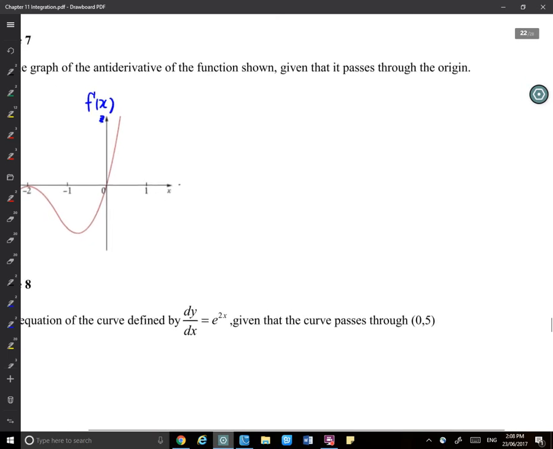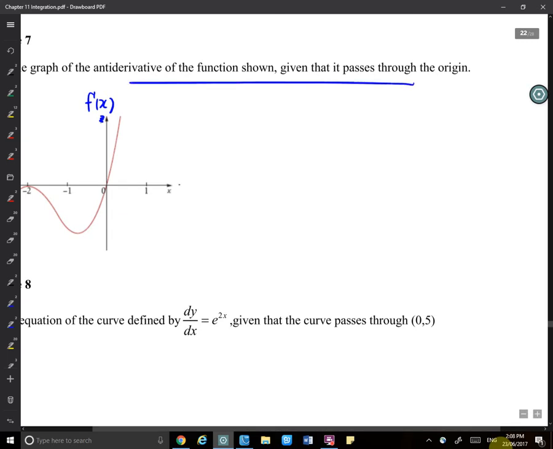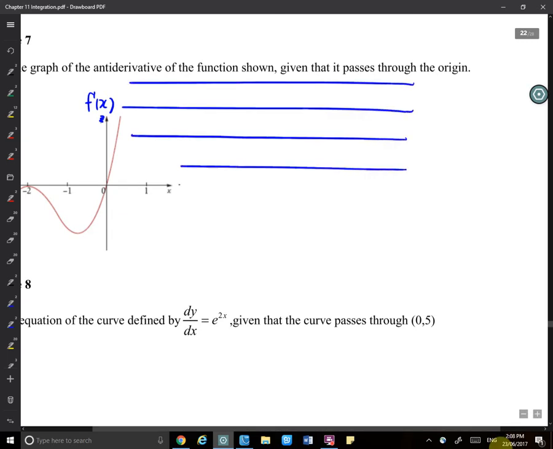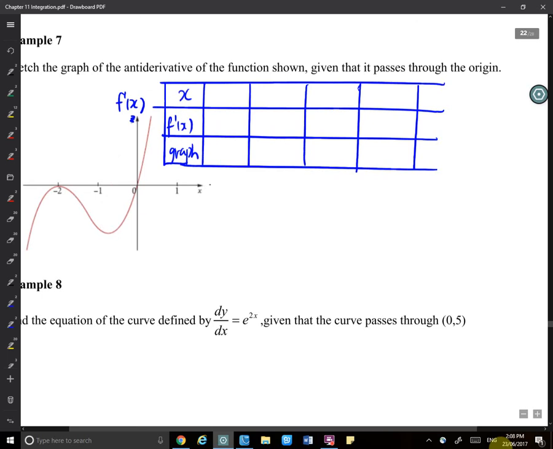So what I will do is draw this table. I'm not sure if there are enough boxes. Have f dash x and the graph. First empty, second you have -2, next empty, the last one 0, and you have another box here.